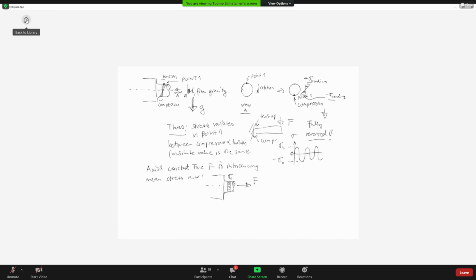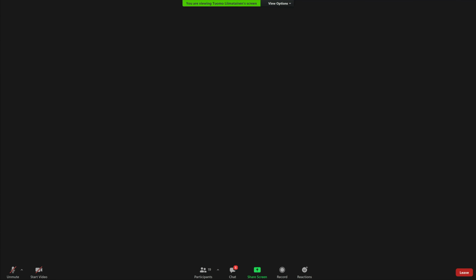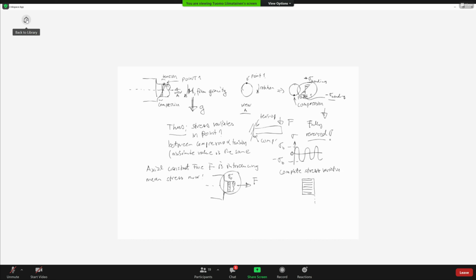And now when we combine this, the complete picture is that you will have this mean stress portion, which is the tension, and that is the mean because it's in the center.